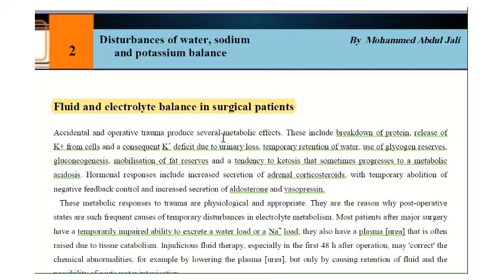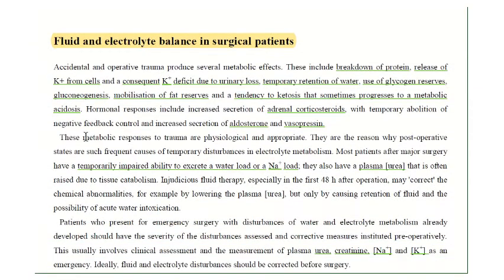And then accidental and operative trauma produce several metabolic effects اللي تكلمنا عليهم. These metabolic responses to trauma are physiological and appropriate. They are the reason why post-operative states are such frequent causes of temporary disturbances in electrolyte metabolism.